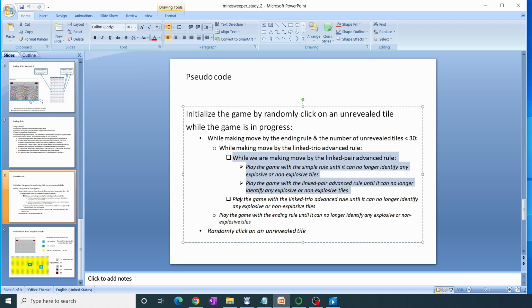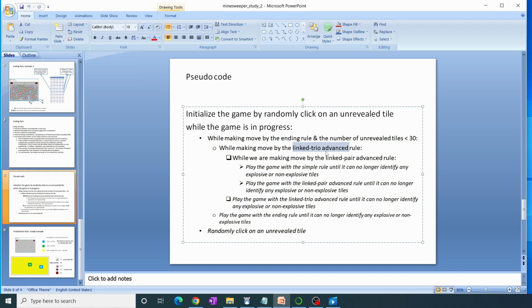Then we start to play the game using the linked trial move. Again, during the linked trial playing, even if it makes just a single move, we want to loop back to the inner section and see if we unlock any simple rule move or linked pair move. I stop at the linked trial rule, but this logic can continue to the linked group of n.